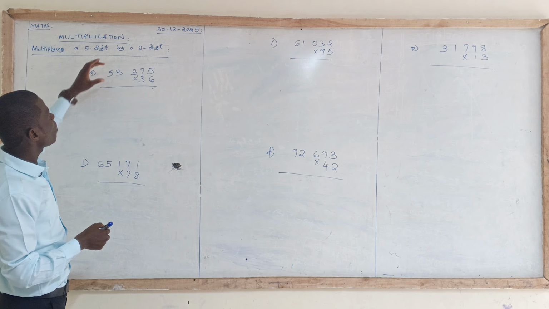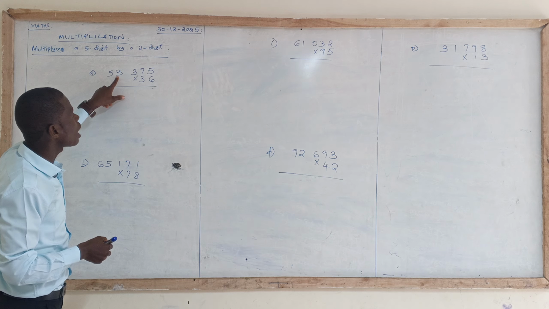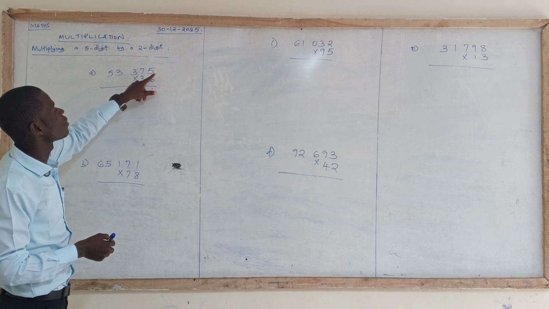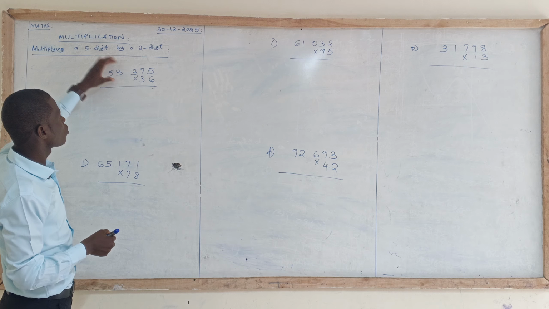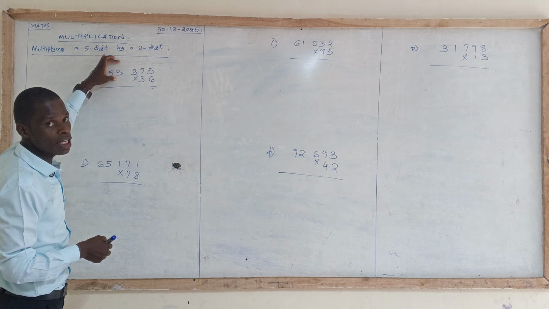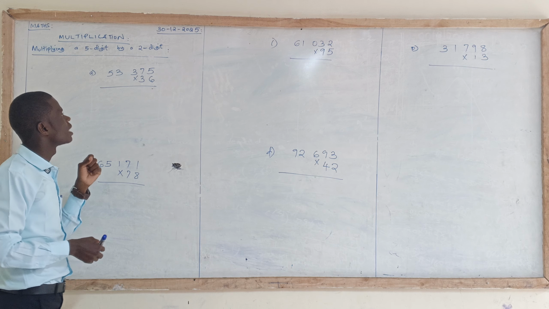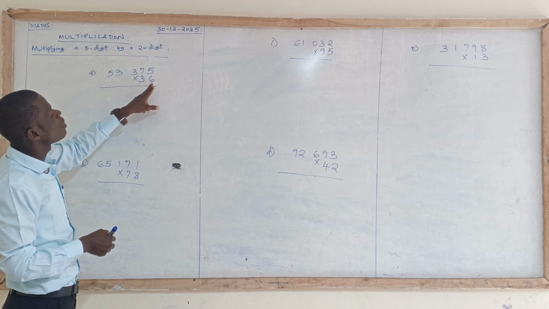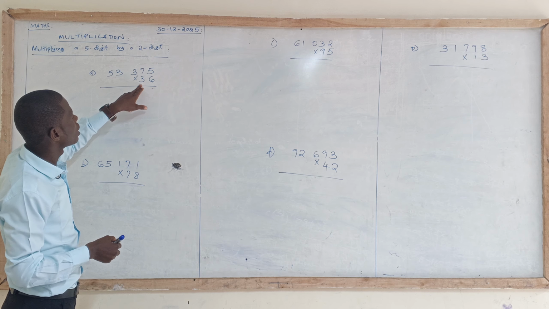Now, this two-digit number. But remember, the upper number here, for example, in A, what do I have? I have 53,375. I'm multiplying by 36. So the two-digit number here is 36. The five-digit number here is 53,375. Wow, great. So, what is the place value of this digit? Ones. What is the place value of this digit?